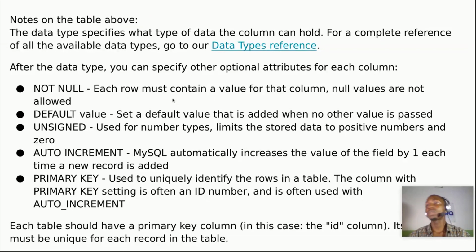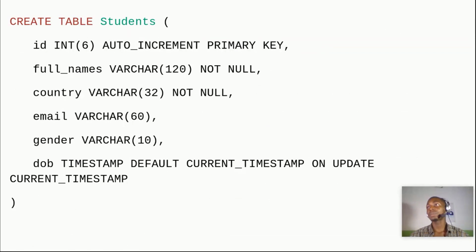So note from what we did before, the data type specifies what type of data the column can hold. So switching back to this, we have our ID and we said it's an int, right? An int stands for an integer. A varchar is a normal variable character, meaning variable character length.